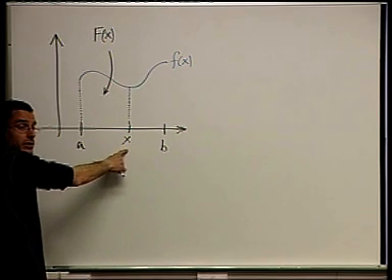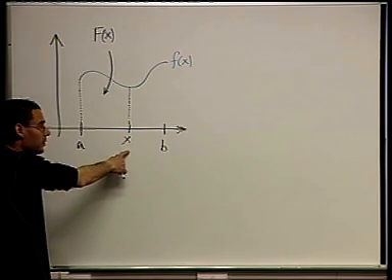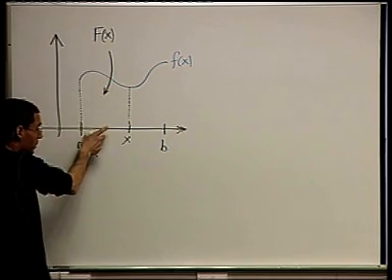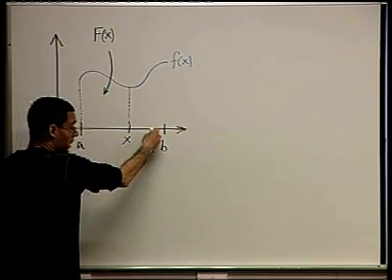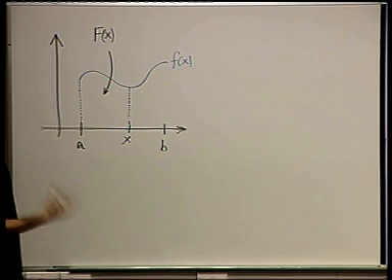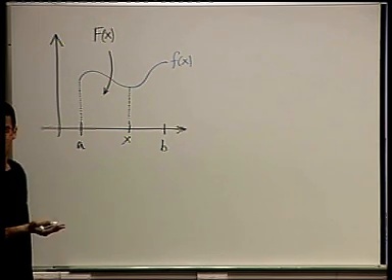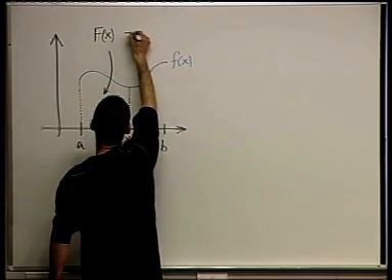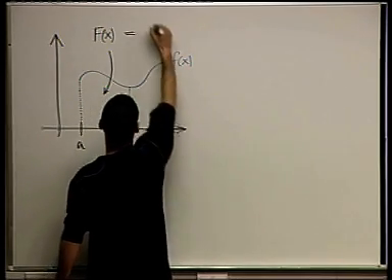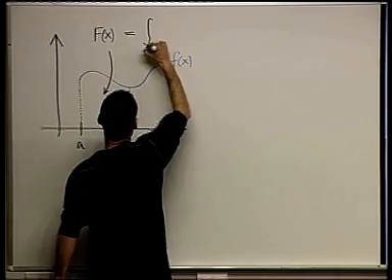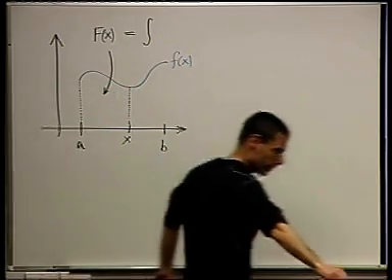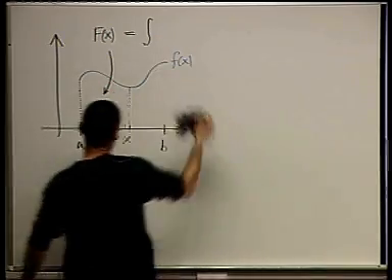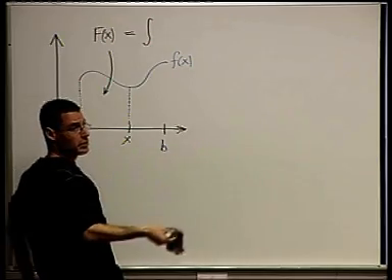Clearly, it depends on what x is. If you go up to here, you're going to have a smaller area. If you go all the way here, you're going to have a bigger area. It's a function of what x is. Do you agree? And well, we know what it is. It's the integral, the most important integral we're going to write.